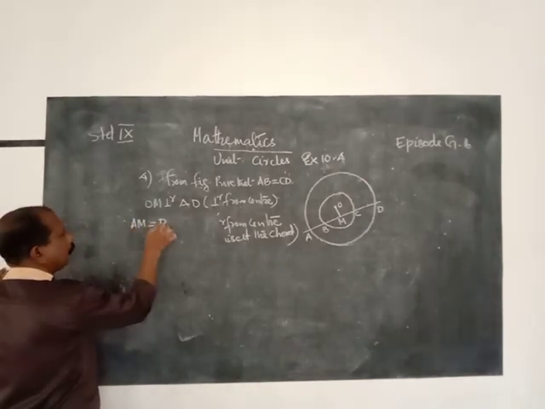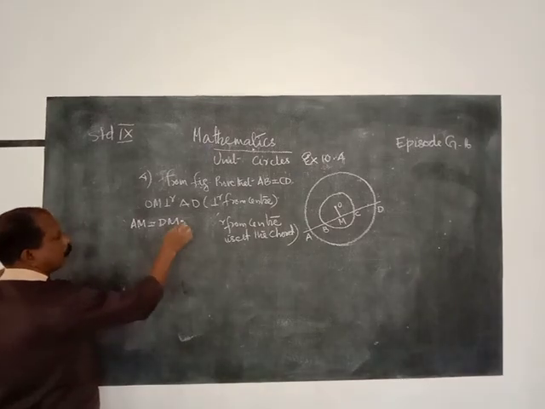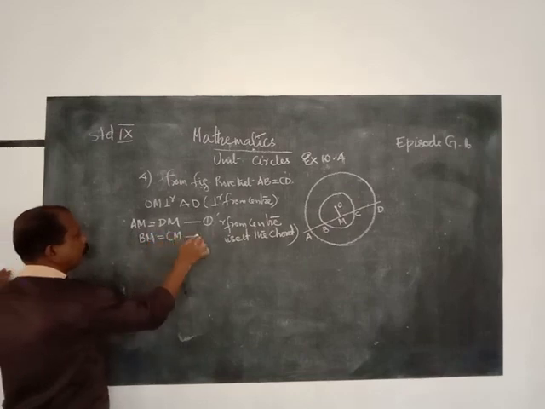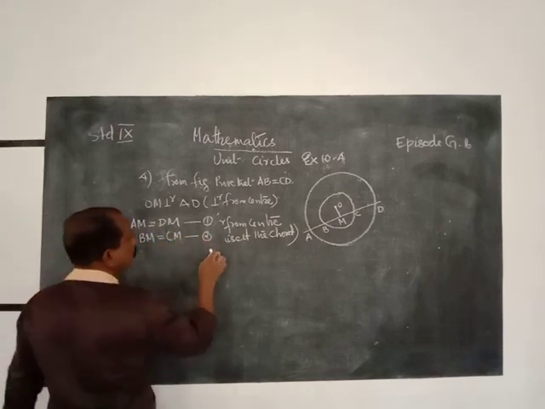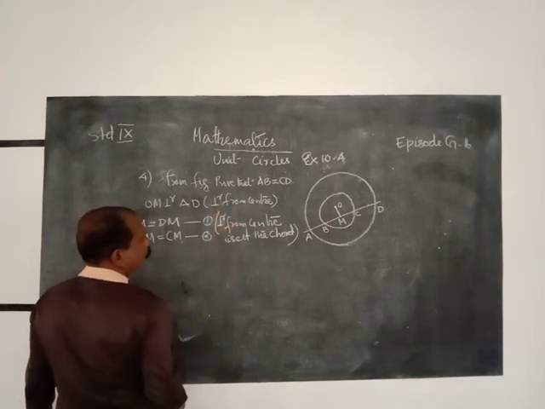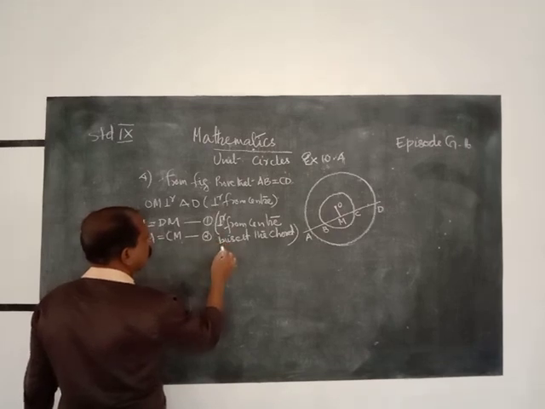AM is equal to DM, case number 1. BM is equal to CM, case number 2. That is the reason: the perpendicular from the center bisects the chord.